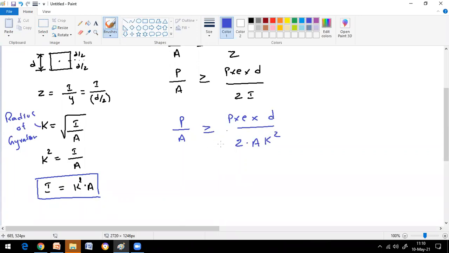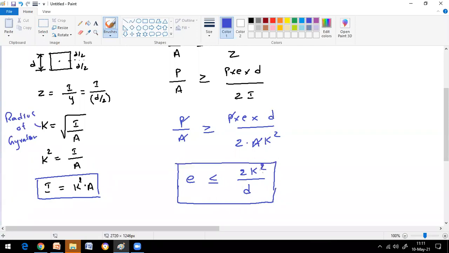Finally, from this, what is the eccentricity? e is less than or equal to 2k square by d, because P gets cancelled. Very important. What is d here? d is the depth of the section.